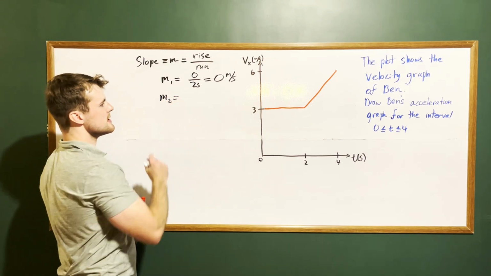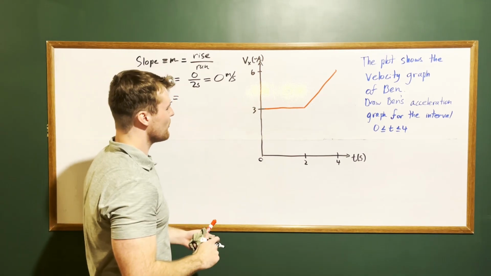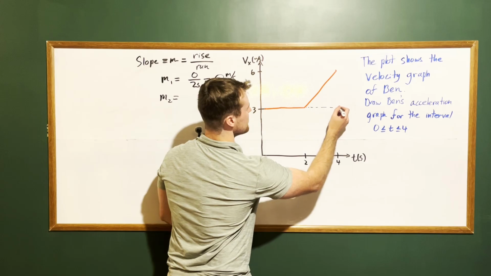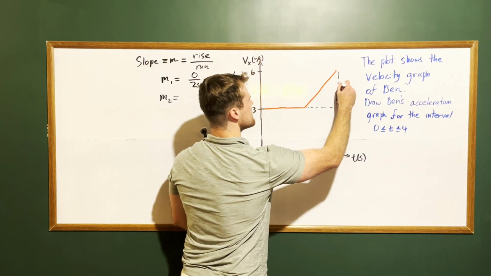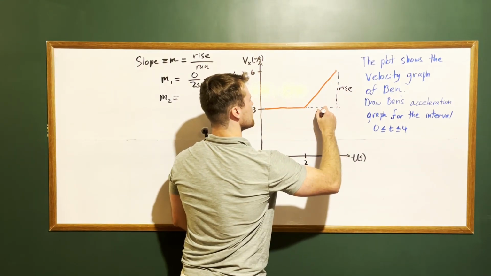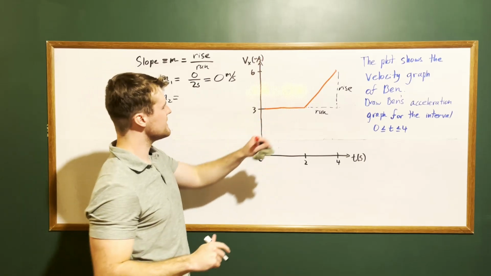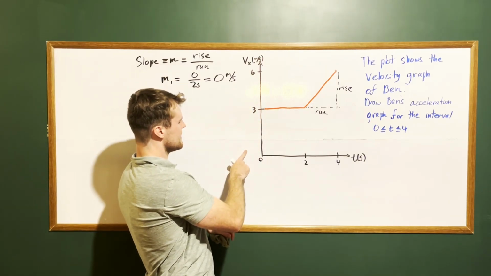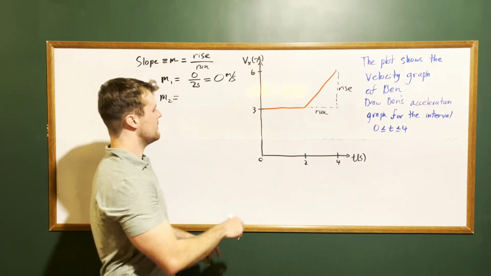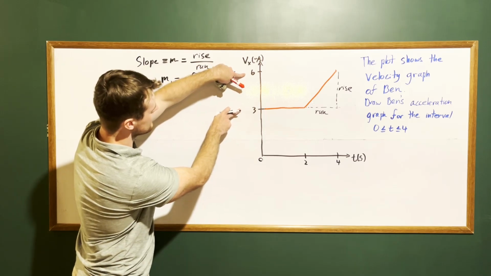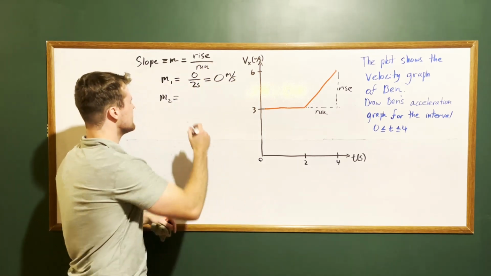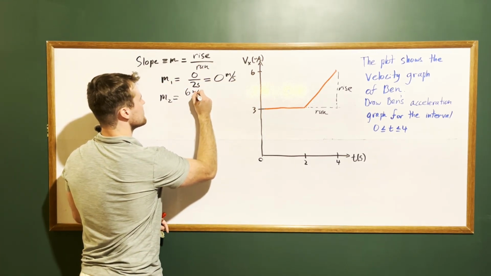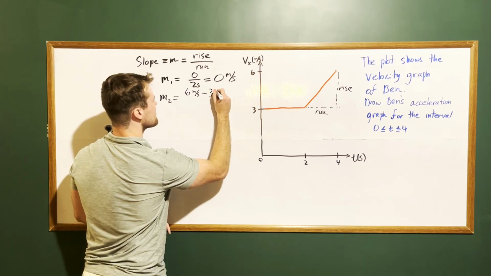m2 is equal to rise over run. The rise is going to be 6 minus 3, which ends up giving us just this length. So 6 meters per second minus 3 meters per second.